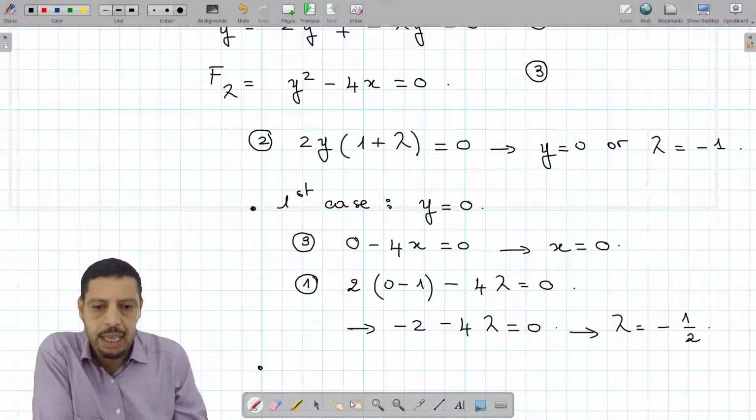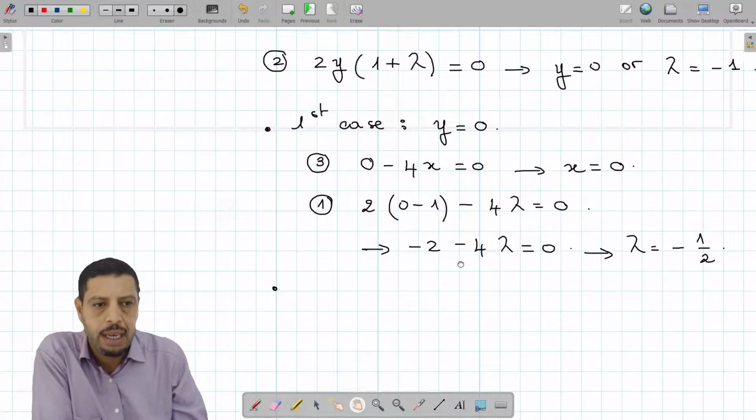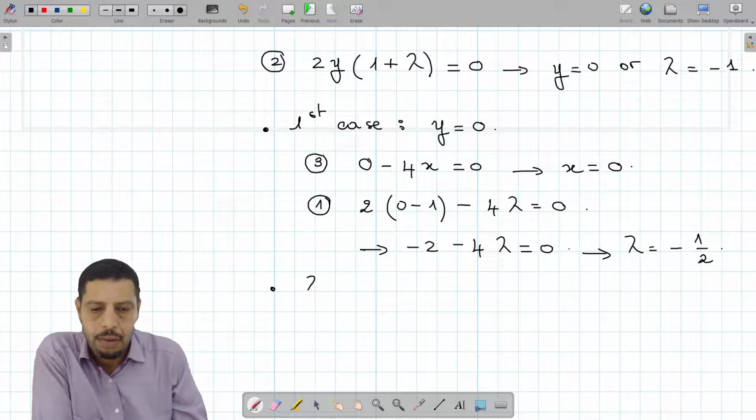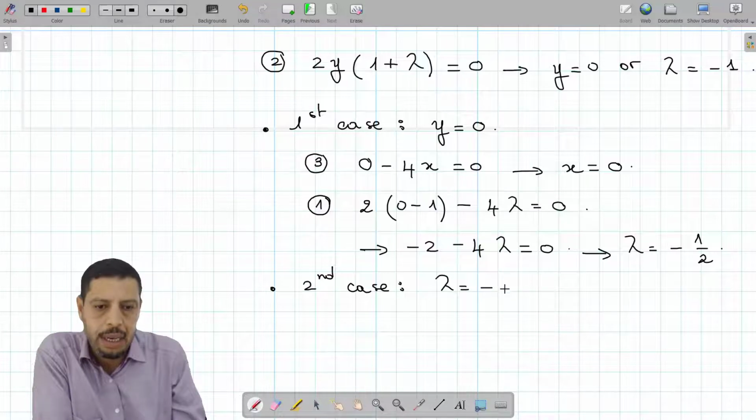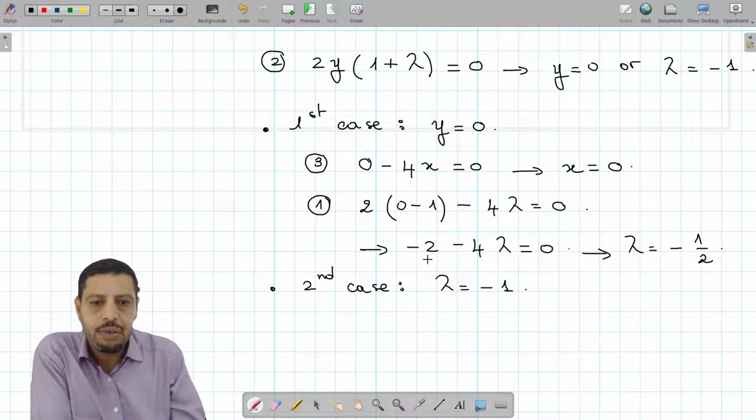Now we're going to move to the second case in which lambda equals -1. Lambda equals -1. And we can use the first equation to get the x.